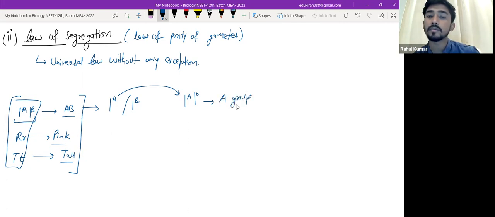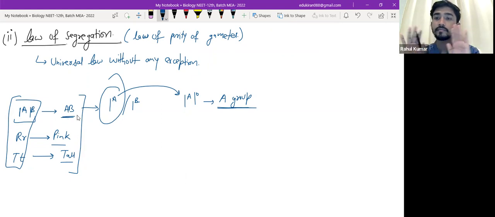A group. So the same allele which was present with B giving rise to AB, the same allele when present in the next generation with O gives rise to A group. Do you think anything got affected because of their presence with something? No, right? At the gamete level they stay pure. Nothing affected them. Do you understand?